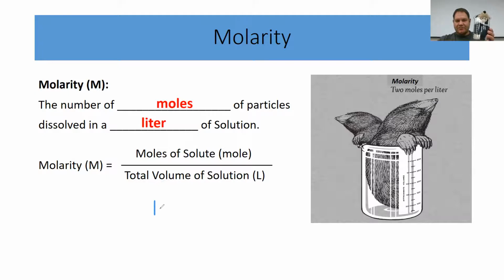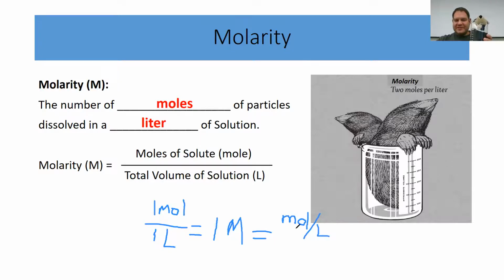1 mole divided by 1 liter, and I would get a 1 molar solution, and we use the capital M for molar. That stands for molarity. Also, because we're using units of moles per liter, the unit for a molar is also moles per liter.